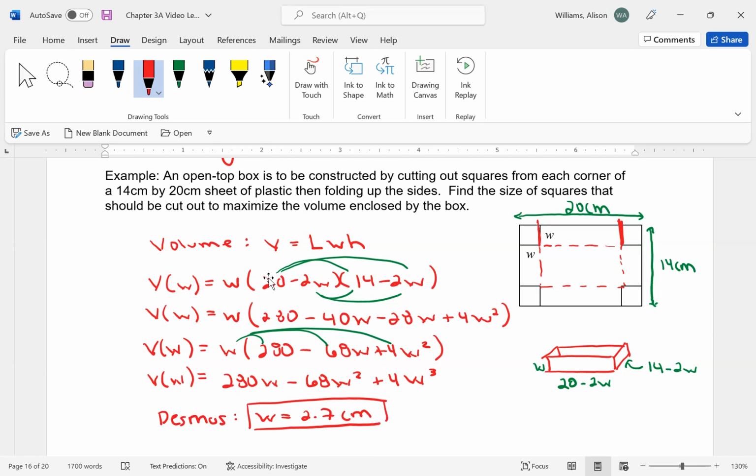The question says find the size of the squares that should be cut, so 2.7 by 2.7 would be the answer. I just realized that's how they asked the question: find the size of the squares that should maximize the volume. So 2.7 by 2.7 centimeters is the answer based on the wording, and I happen to see that the actual maximum volume is 339 cubic centimeters from the graph.